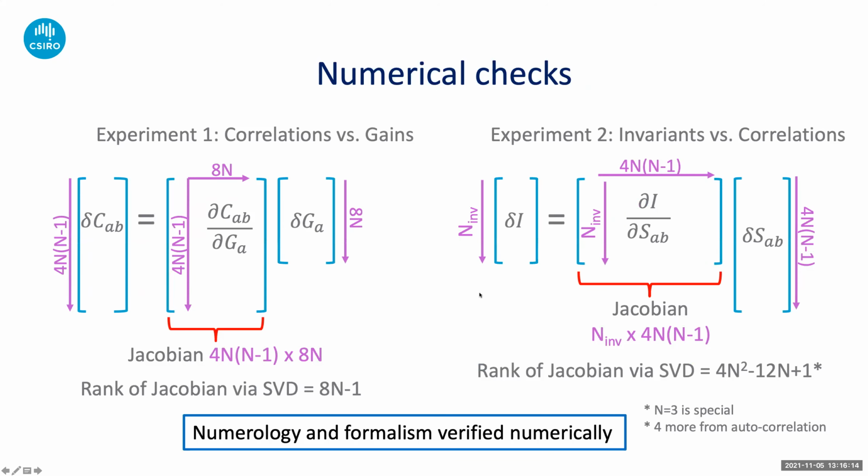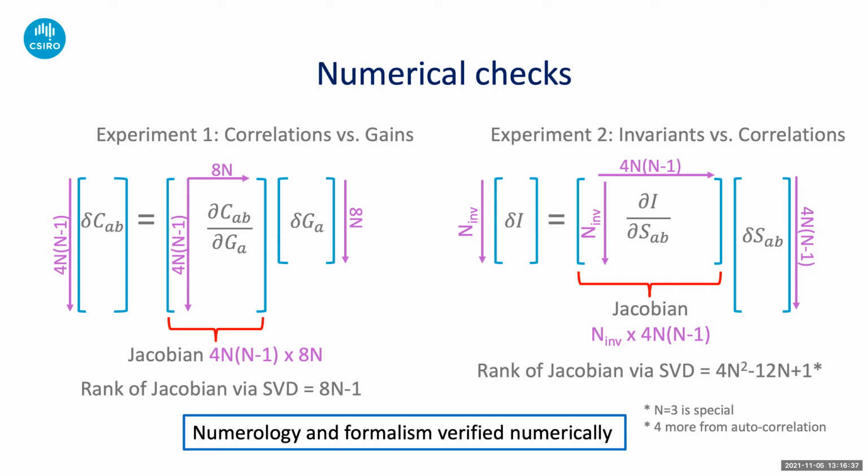We've also done some numerical checks to make sure that our theory is sound. For instance, we've taken input gains and perturbed them and seen how the visibilities are perturbed. So we construct a Jacobian matrix that relates the input to the output, and we've computed the rank of this Jacobian matrix using a singular value decomposition.